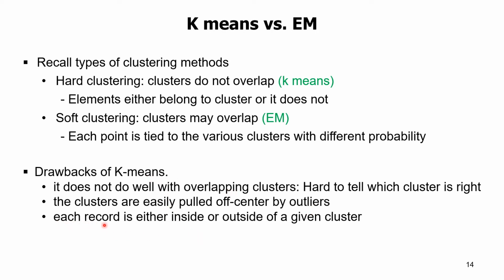And each record is either inside or outside of a given cluster. It cannot go both ways. Because of this hard clustering, each record is inside or outside. That's another problem of the k-means algorithm.